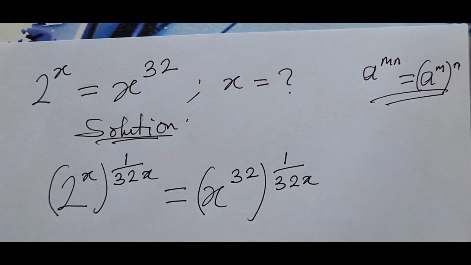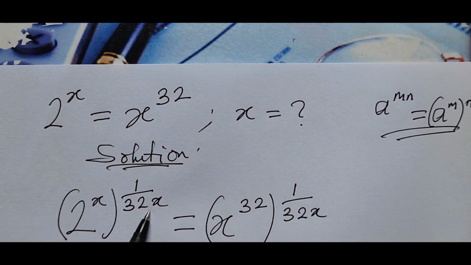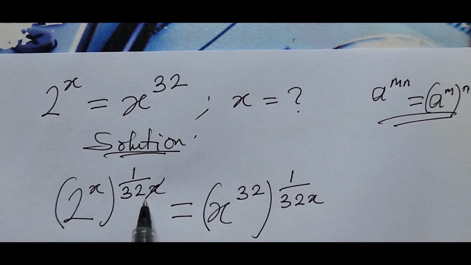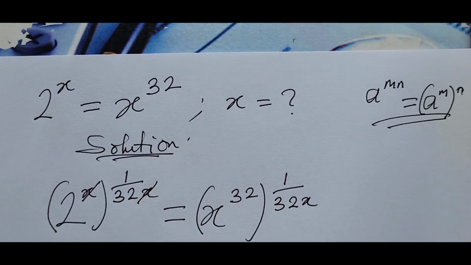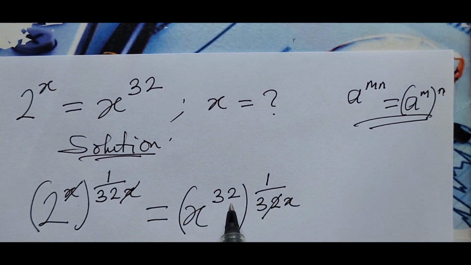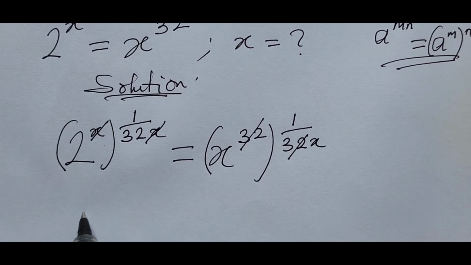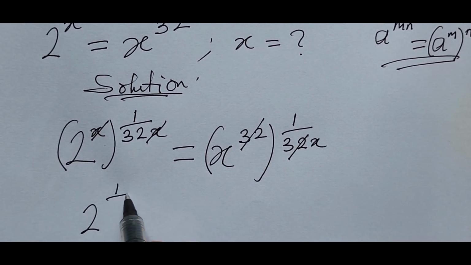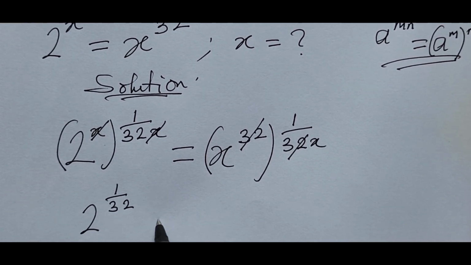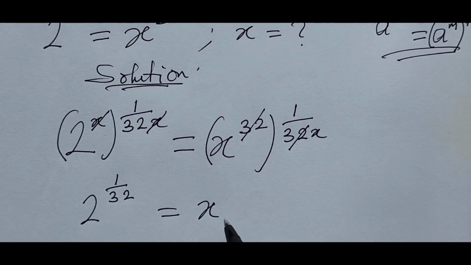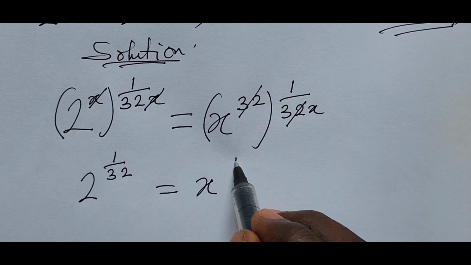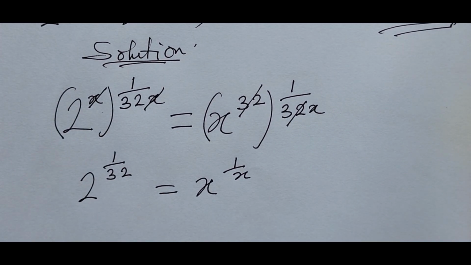Okay, so with this, we can use this to multiply this. And if we do that, this x will go with this x, then this 32 will go with this 32. So we're going to end up having 2 to the power of 1 all over 32 equal to x to the power of 1 all over x.